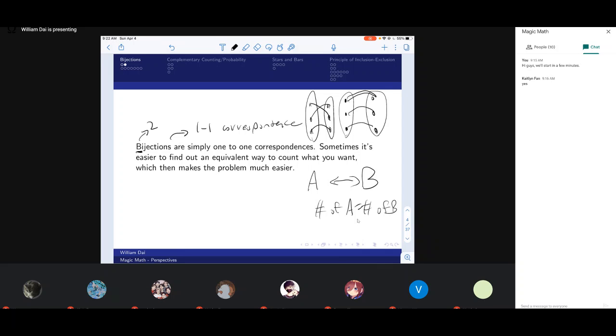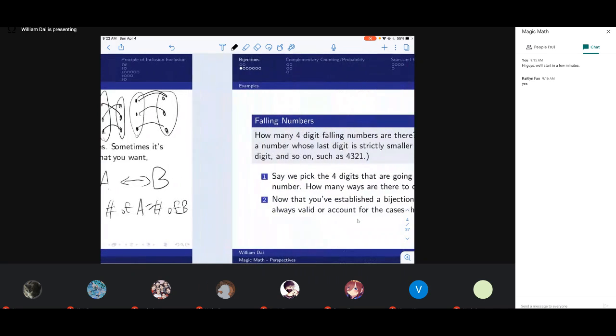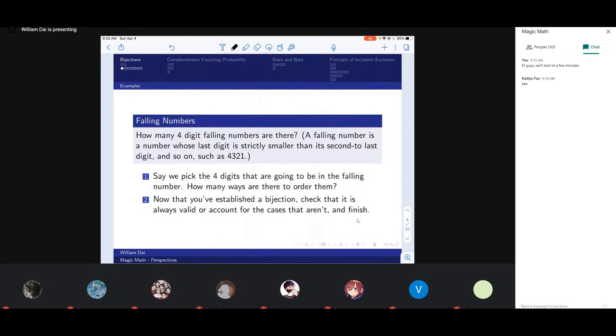Okay, I'll move on. Here's a classical example of a bijection and how we can use it to greatly simplify a problem. I'll give you a few seconds to read the problem before I go on.